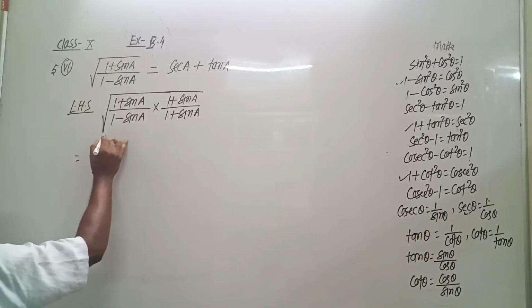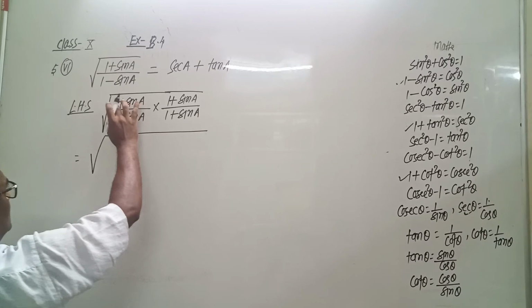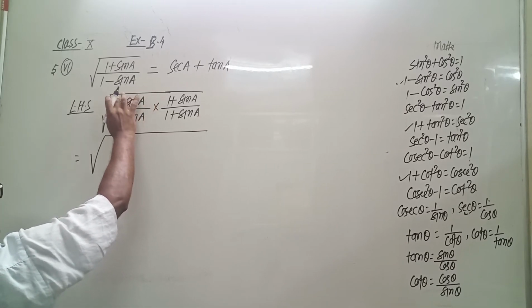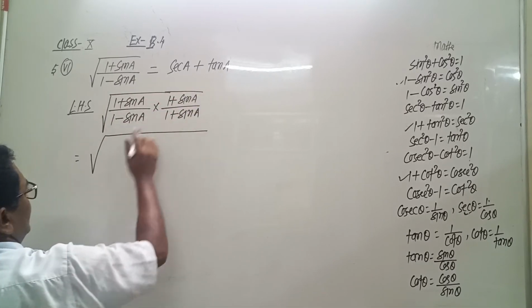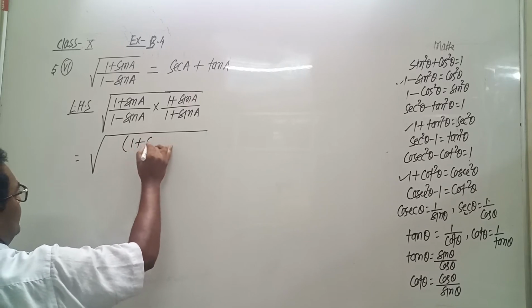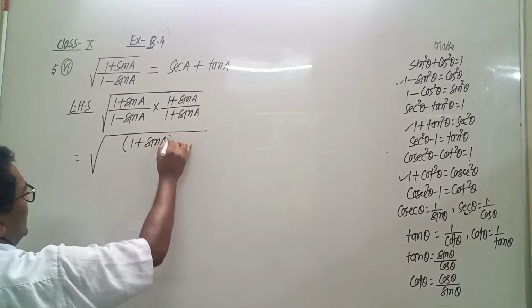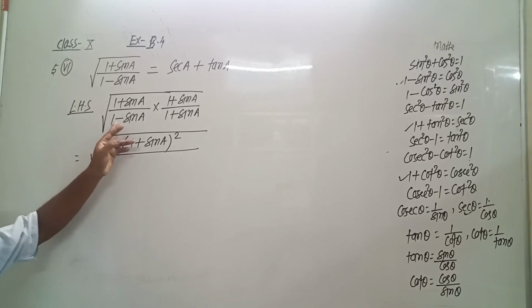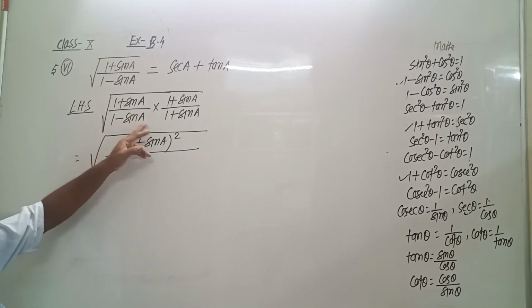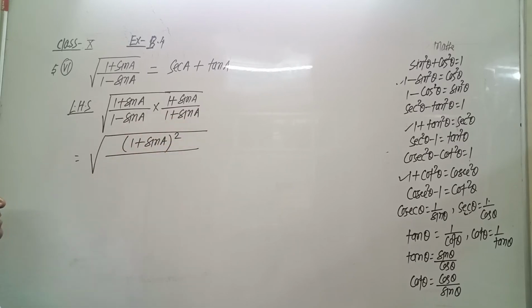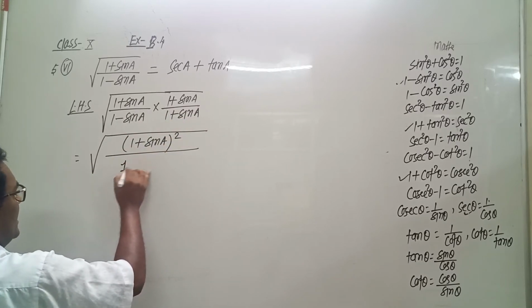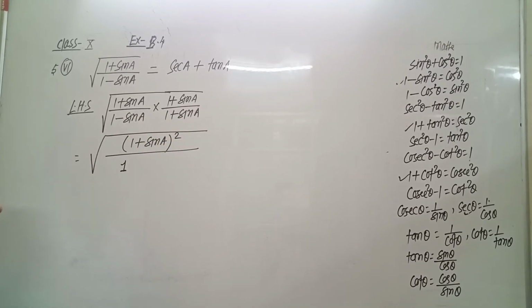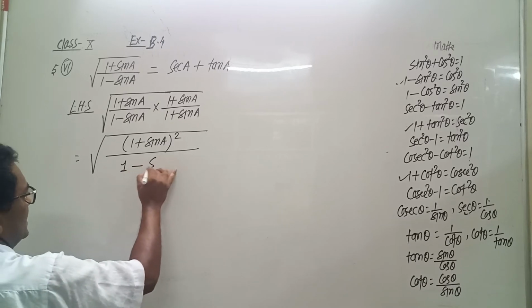So in the square root, this becomes the identity (A plus B) into (A plus B), A plus B the whole square. And in the denominator there is also the identity (A minus B) into (A plus B), which is A square minus B square, 1 square minus B square.